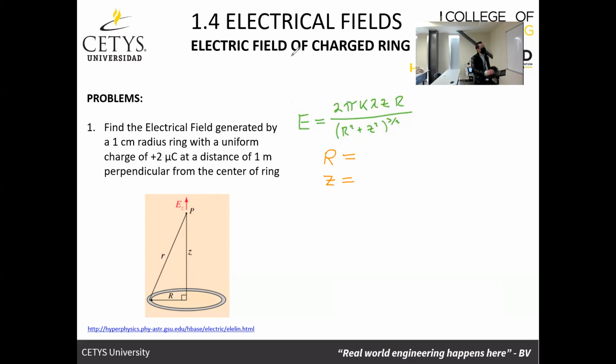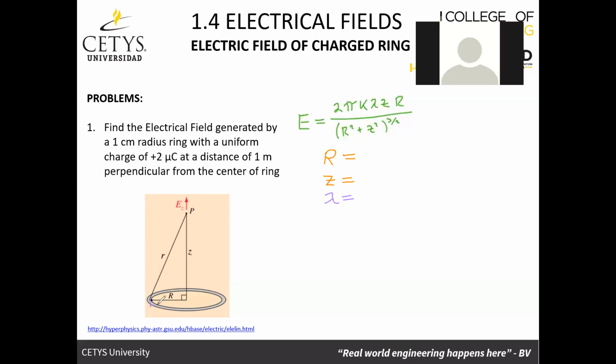And we also need to know or find lambda. And lambda is going to be the distribution of charge with regards to, in this case, length. Okay, so according to what we see there in the problem, what would be the value of the radius of the ring?